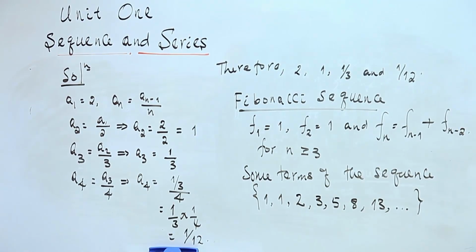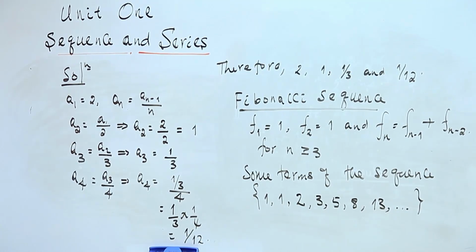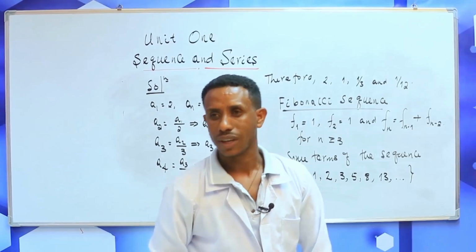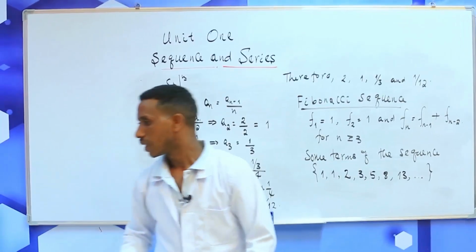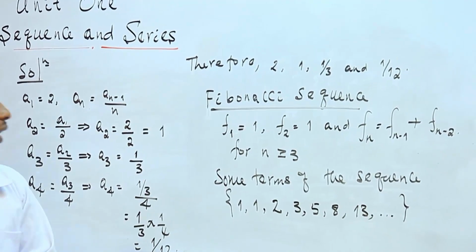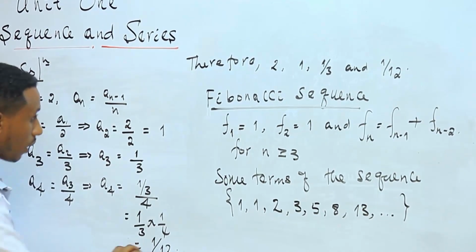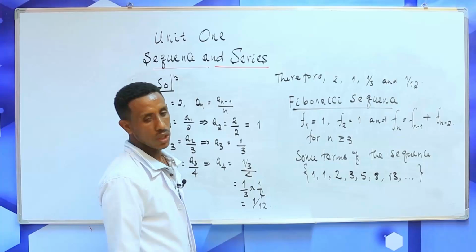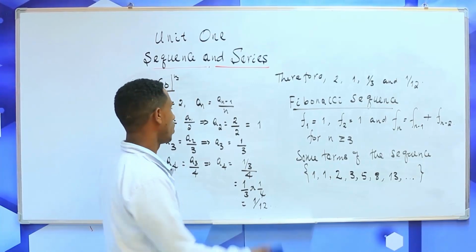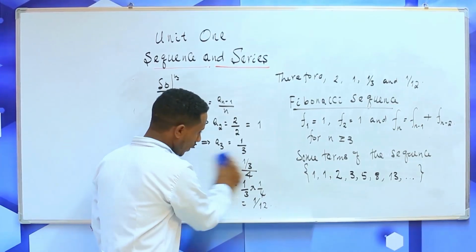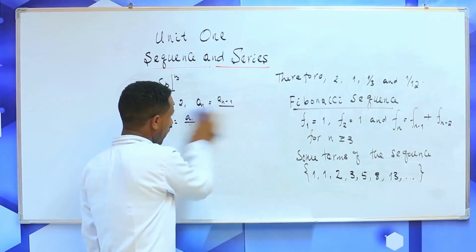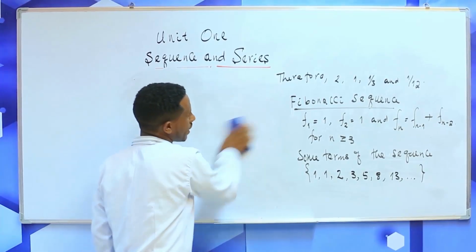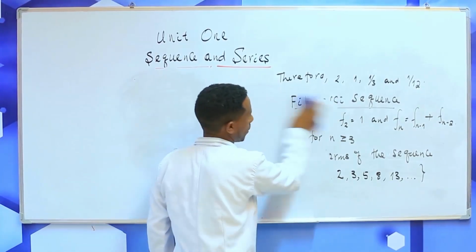Okay, this sequence has a very special application in determining the population numbers in rabbit production. And we can categorize sequences into two very broad categories, arithmetic and geometric sequences.